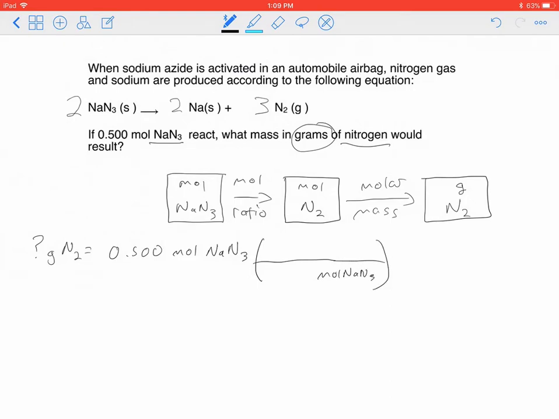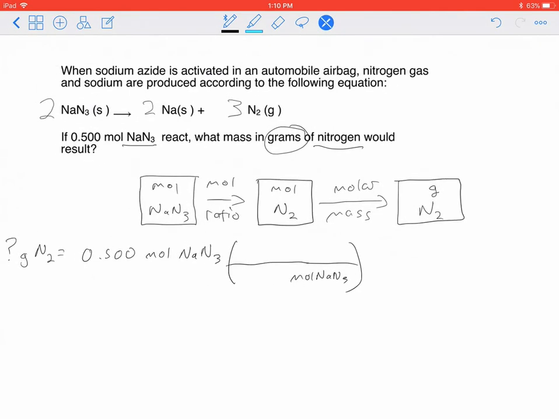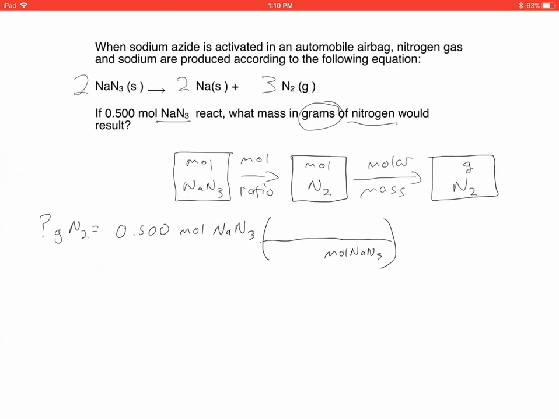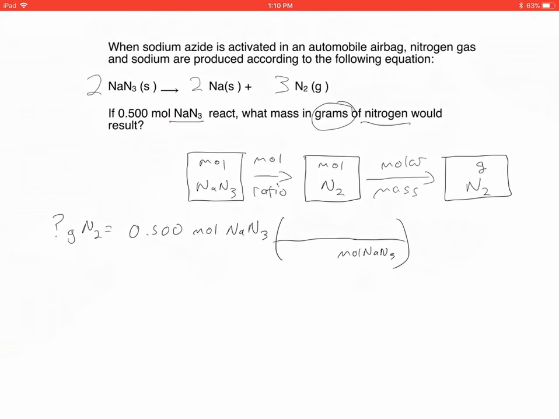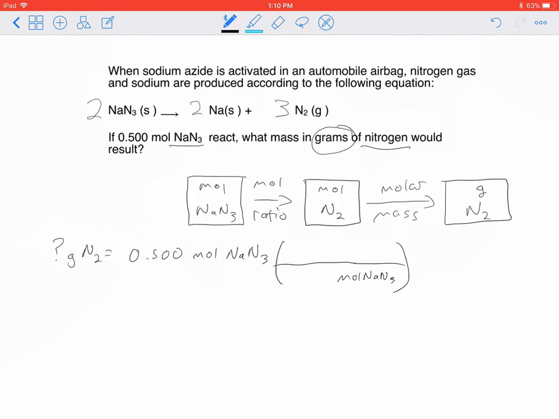Then I'm going to do a mole ratio here, so this is going to be moles N2.